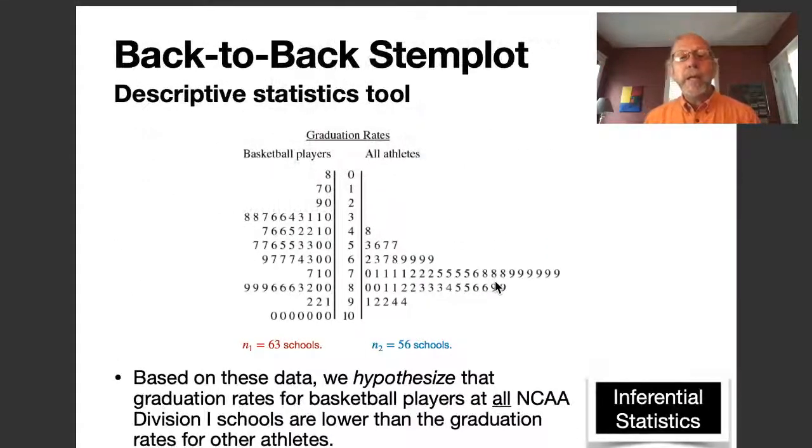That would be an inferential statistic because we're using the data we have about the schools that sent players to the playoffs to make a hypothesis or a claim about all NCAA Division I schools. And so that would be another example of an inferential statistic.